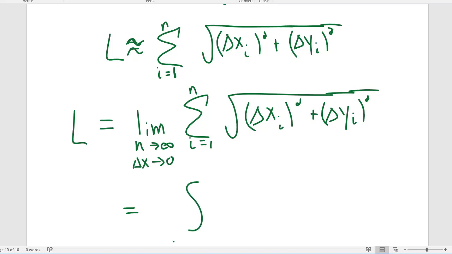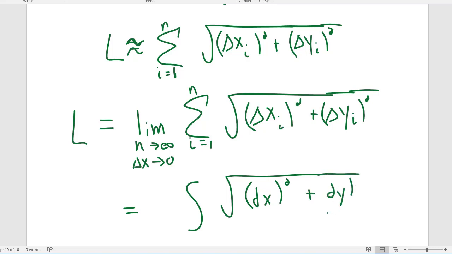We represented the summation as a Riemann sum as an integral, right? And then, technically, remember a small change in x, we symbolically wrote as a dx, right? And then a small change in y, we symbolically would write as a dy. Okay? So technically, here's my formula, but this formula isn't really useful the way that it sits.